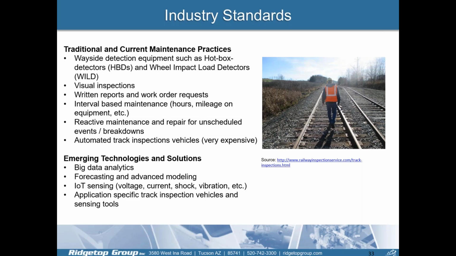Some of the emerging technologies are big data analytics, forecasting, and advanced modeling, but those are both made possible through automated track inspection vehicles or IoT sensing devices such as RotoSense for voltage, current, shock, vibration, etc. Some of the application-specific track inspection vehicles and sensing tools are also emerging with new capabilities.